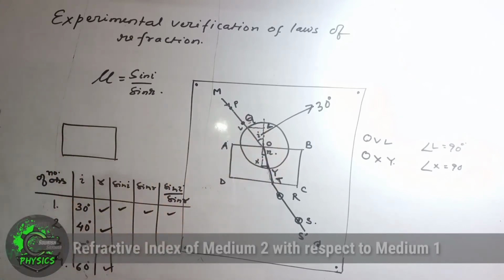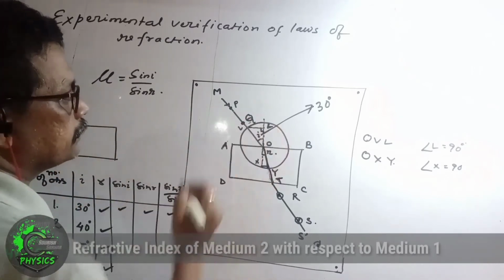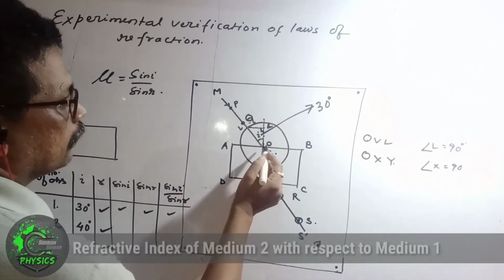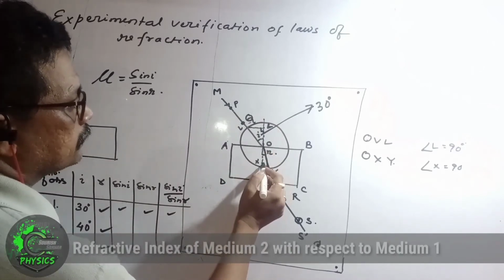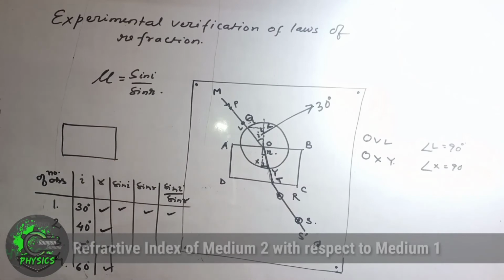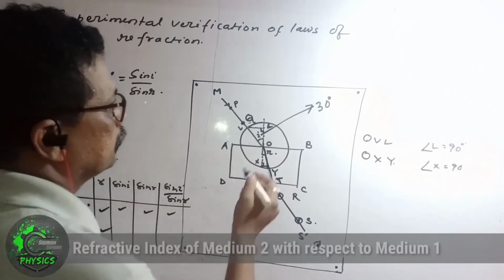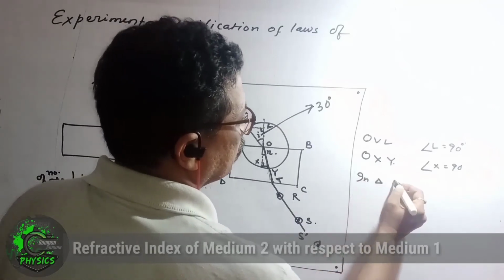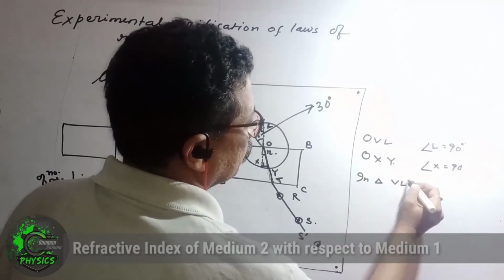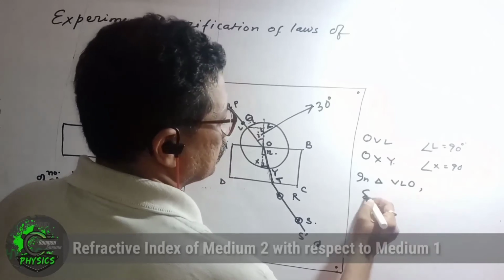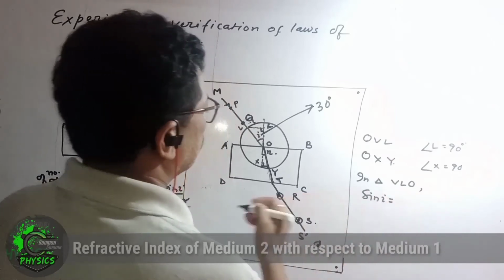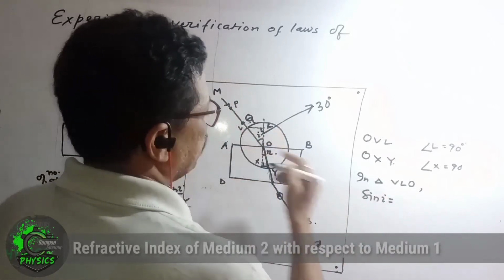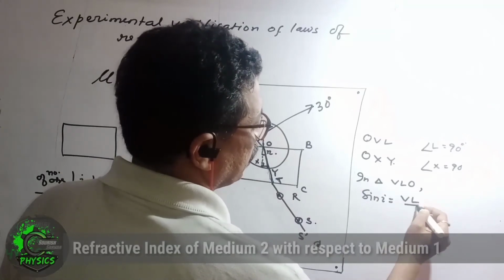VLO is a right angle triangle. Here this angle is 90 degrees. And OXY, here this angle is 90 degrees. Now, in triangle VLO, what you can say? Sin I equals VL by OV.